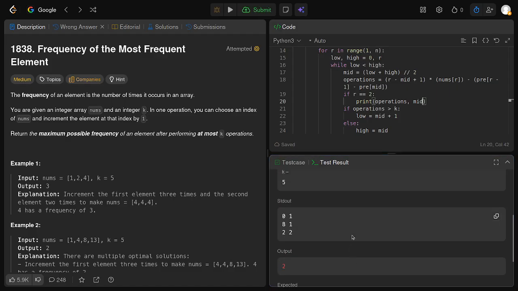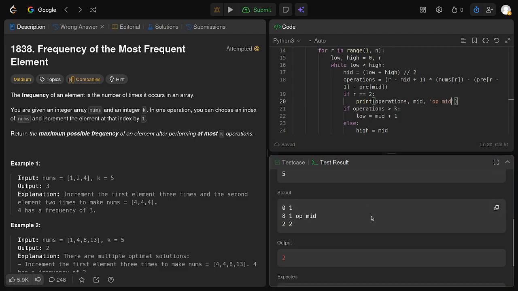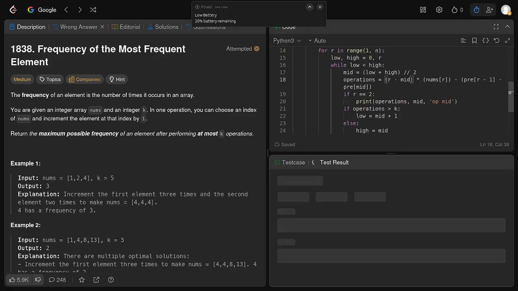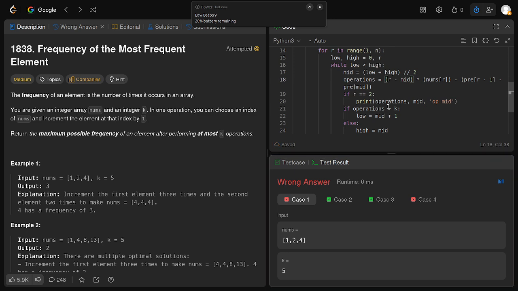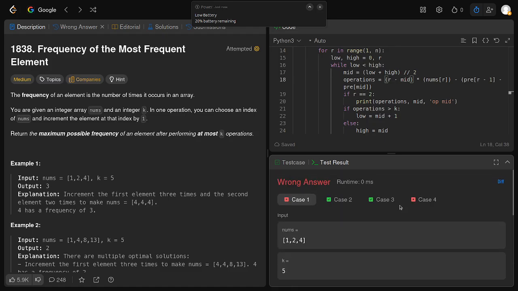Let's see, op mid, let's see. What? Oh, because I'm also counting in the, okay, still wrong. How is it 4 operations?